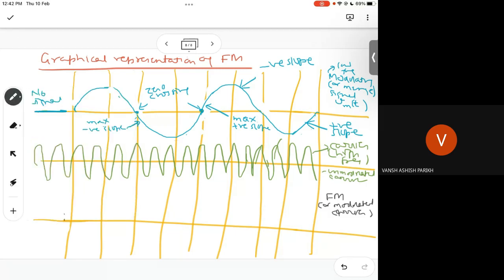So here my carrier will remain the same as we have seen here. There is no change because there is no signal. The carrier simply remains the same.